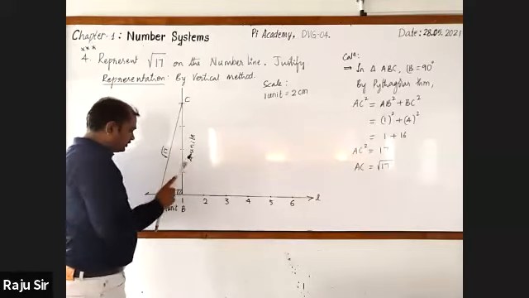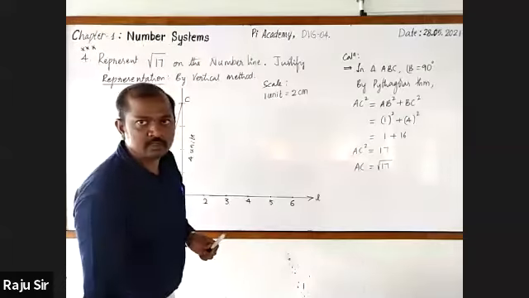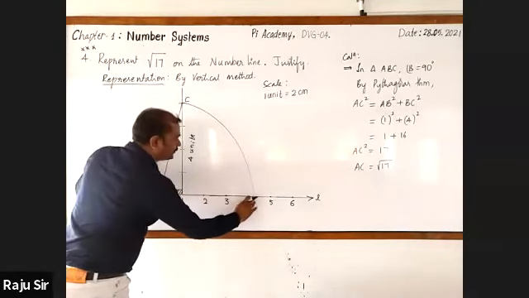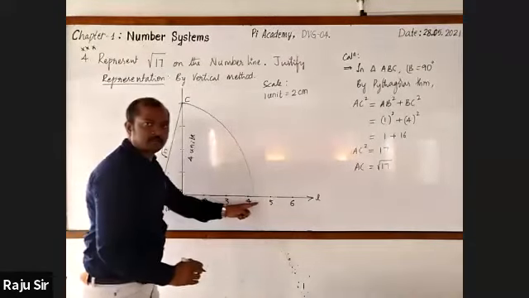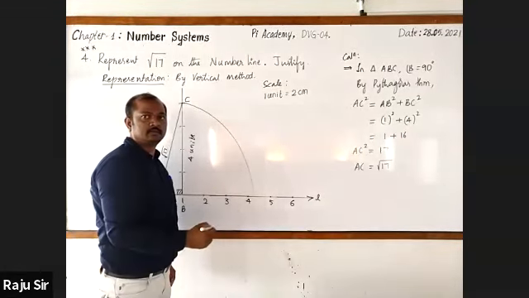Then with A as center, draw an arc. Have you drawn? Yes, sir. The compass I have been using is a little bit small, so I am drawing it directly. Have you got the point after 4? Yes, sir.